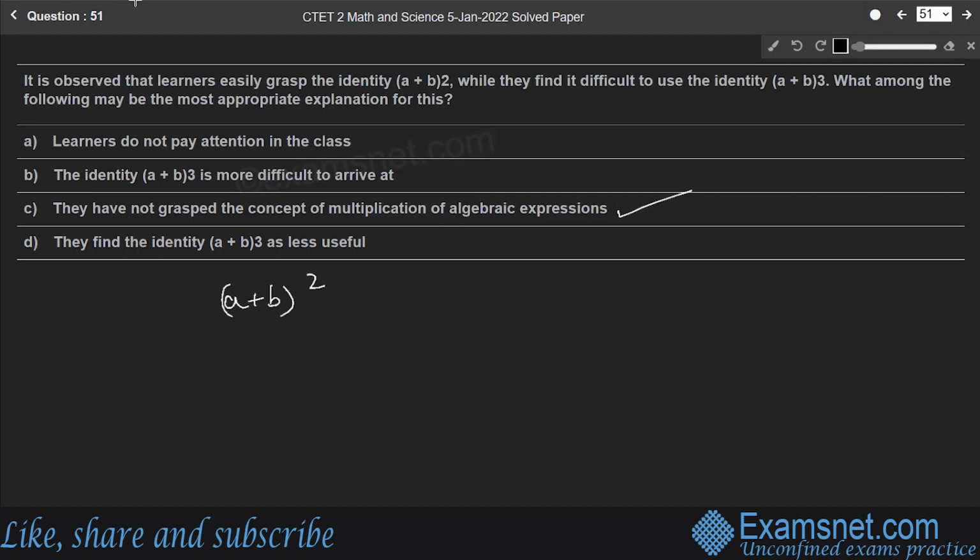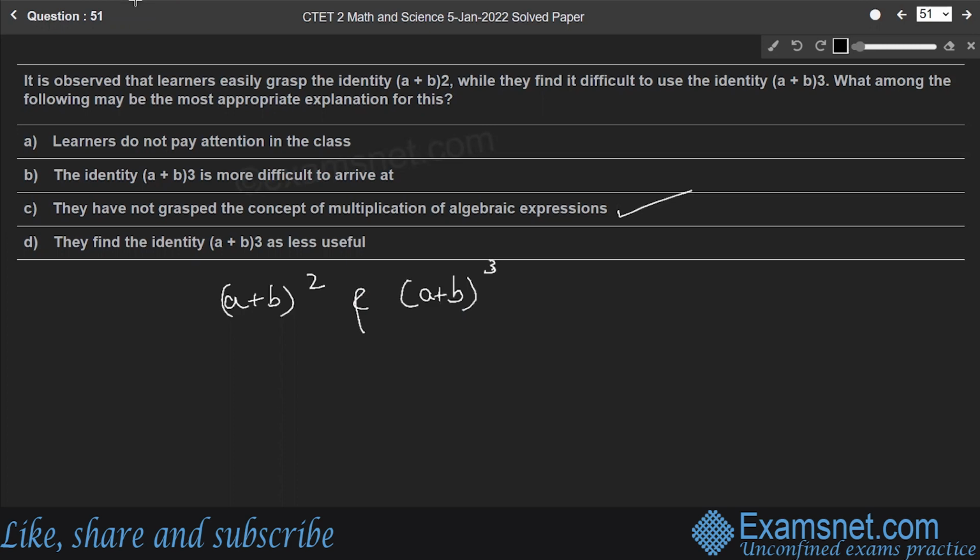According to NCF, the objective of teaching mathematics is not just making the students remember the formulas and reproduce them when required to solve a problem. In this example, they have not understood the concept of multiplication of algebraic identities properly in an authentic way, because the same method of multiplication is applicable for both the identities (a plus b) whole square and (a plus b) whole cube.